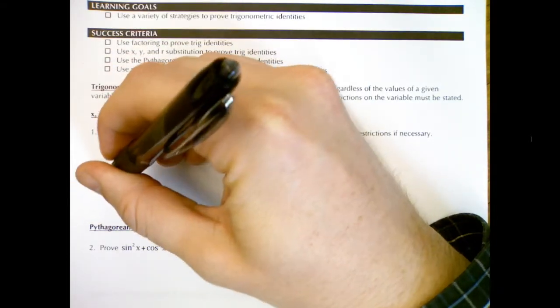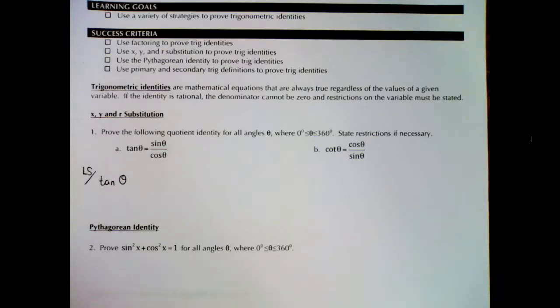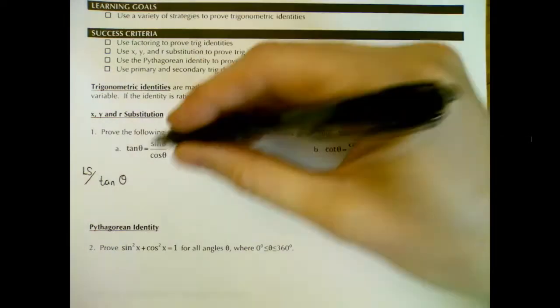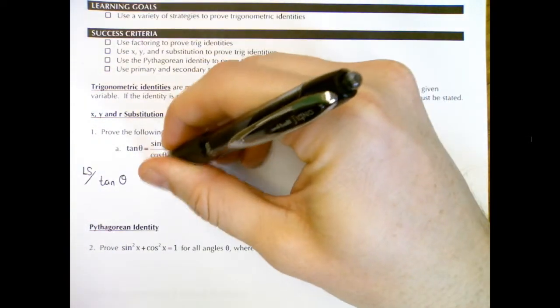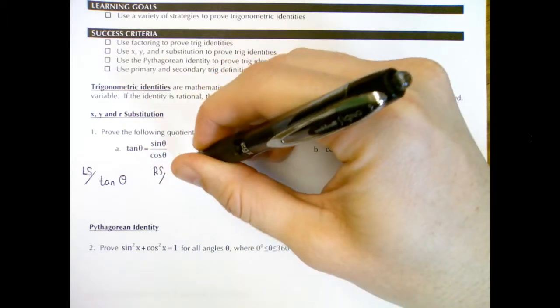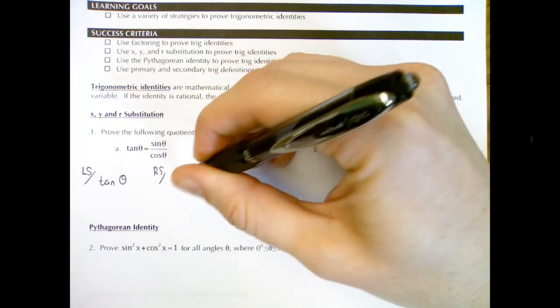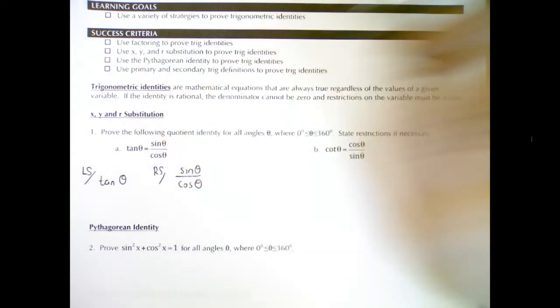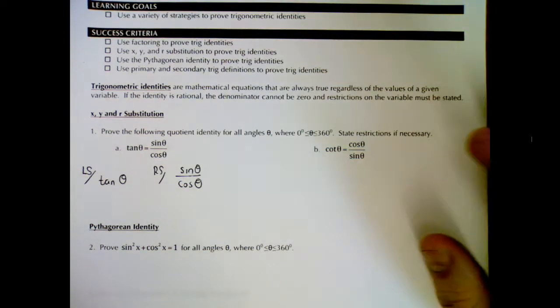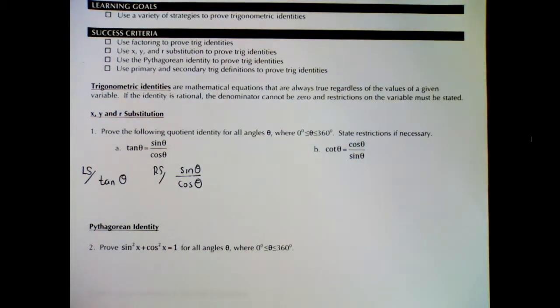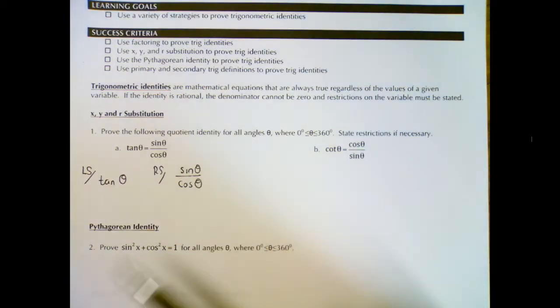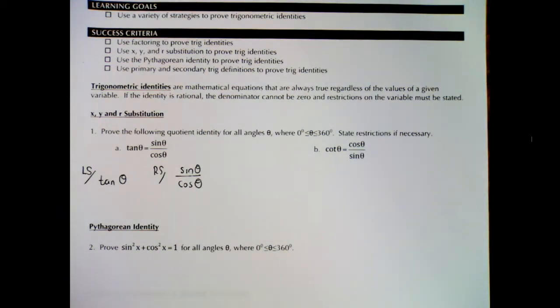Well, tan theta is on the left side, and on the right side we have sine theta over cos theta. And we're going to prove this identity by changing one of these sides to look like the other. And the side we're going to change is the sine over cos. We're going to turn that into tan.